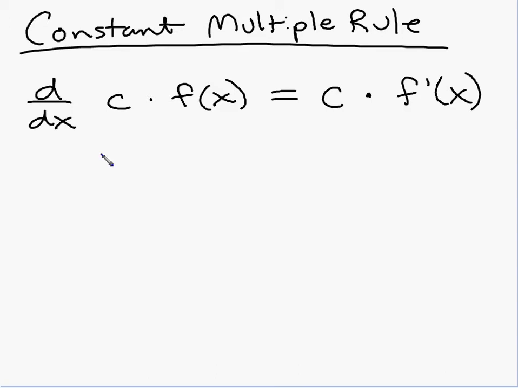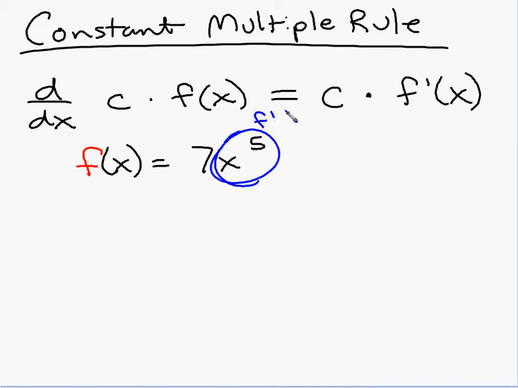If my function was 7x to the 5th, the constant multiple rule says that technically what I'm doing is finding the derivative of x to the 5th and then multiplying it by 7.